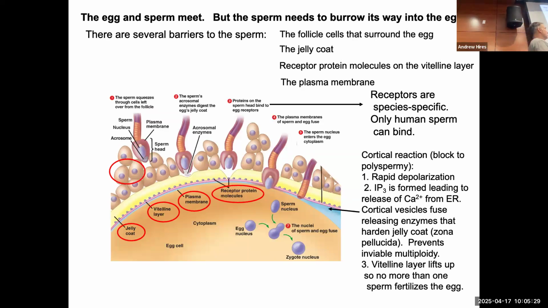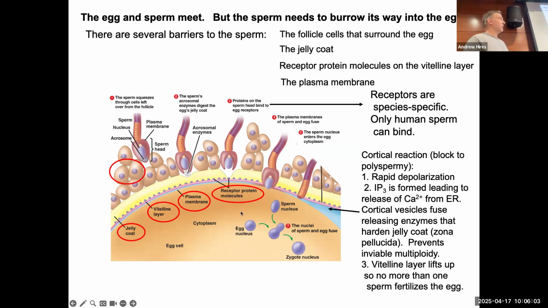So you have to have a second reaction that is going to allow long-term prevention of further fusion of sperm nuclei with the egg. That is called the cortical reaction. What happens there is we have second messengers, IP3, inositol triphosphate, which is going to be formed within the plasma membrane, and it's going to cause the release of calcium from the endoplasmic reticulum.